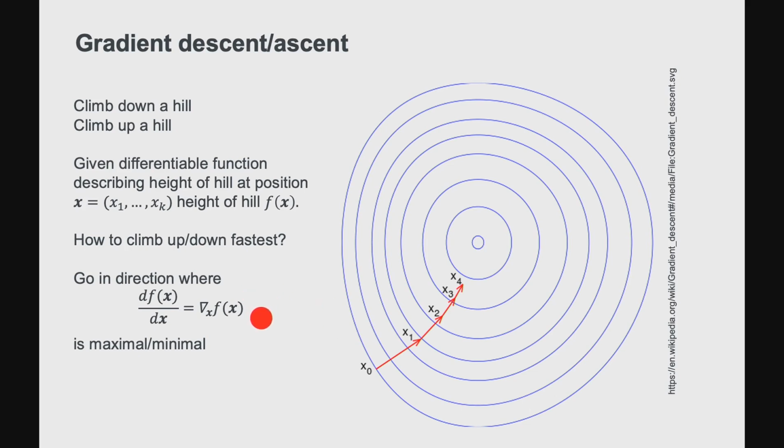And the gradient is nothing else than the partial derivatives in all the different dimensions that you have, giving you a gradient vector which indicates to you how you can get down the fastest down the hill, or fastest up the hill. Fastest up the hill, and then if you subtract, it's down the hill.